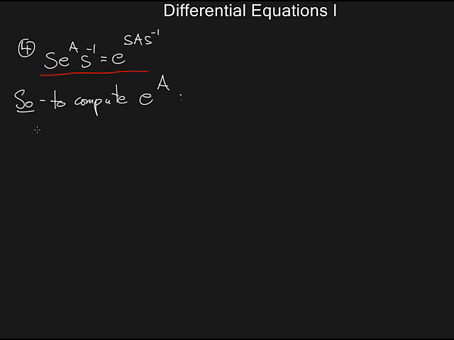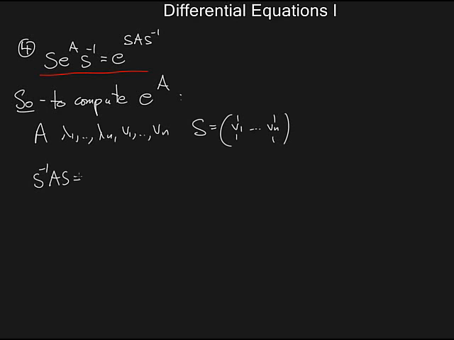If you have a matrix A and you know it has, well, the simplest case, n eigenvectors and eigenvalues, and you make this matrix S out of the eigenvectors as usual so that you can diagonalize A, we know how to compute the exponential of a diagonal matrix. So we can use this to compute the exponential of A as follows.